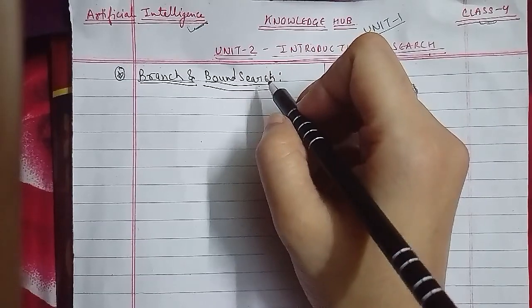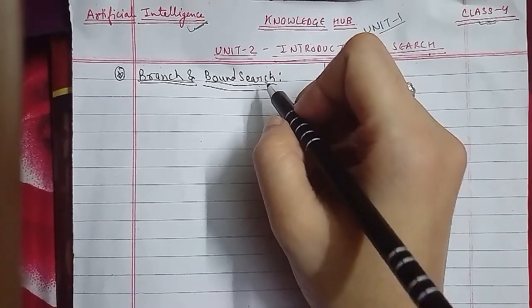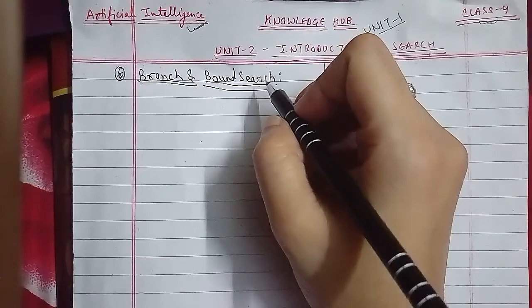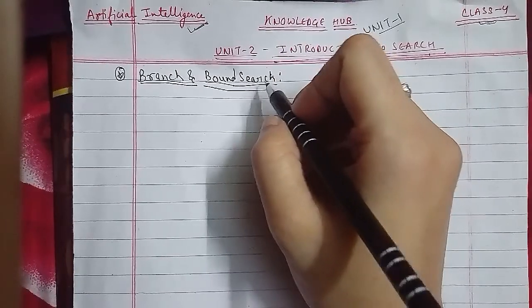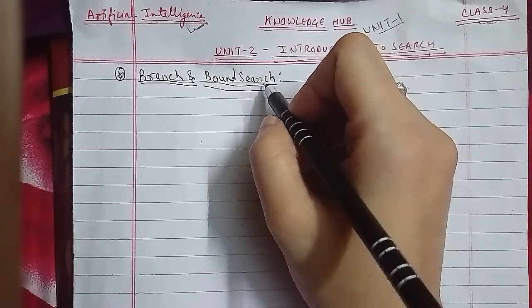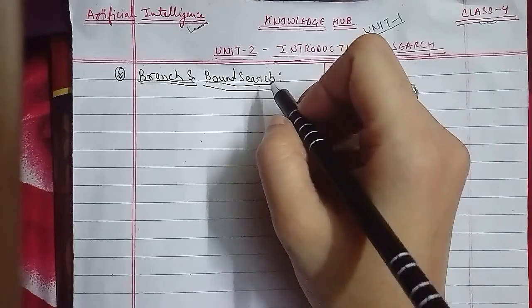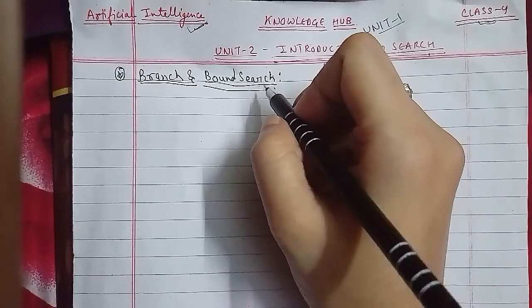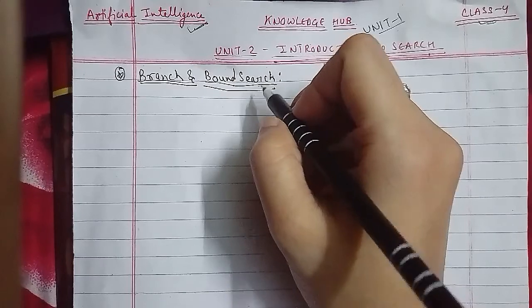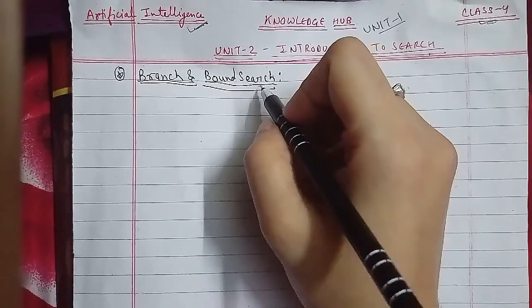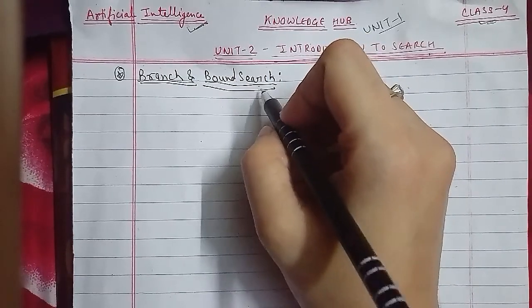It then compares the new path length with all old ones, and again chooses the shortest path for expansion as well. In this way, any path to the goal that is found is certain to be a minimal length path. That is your branch and bound search.